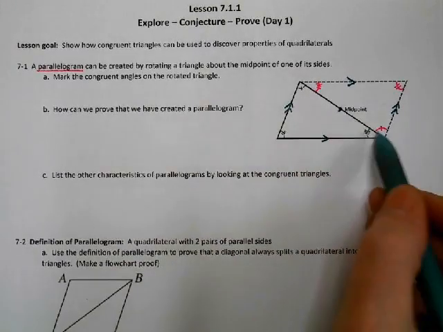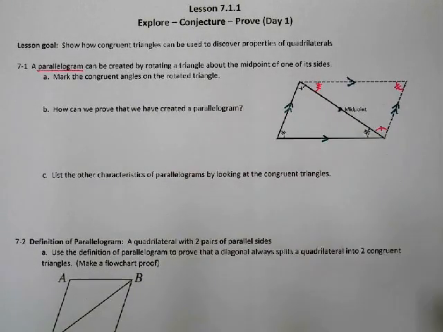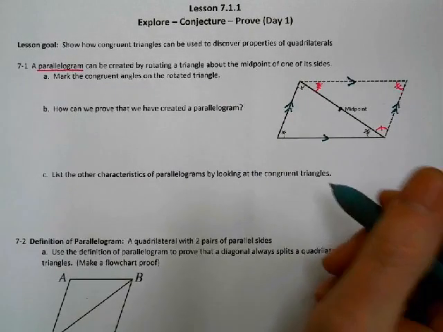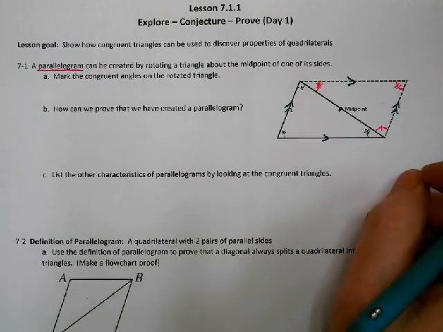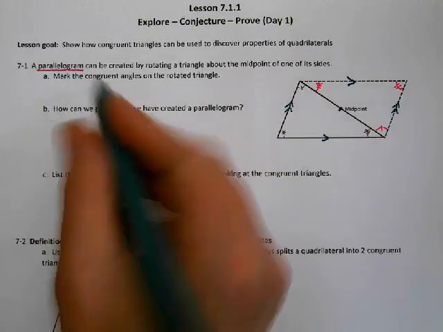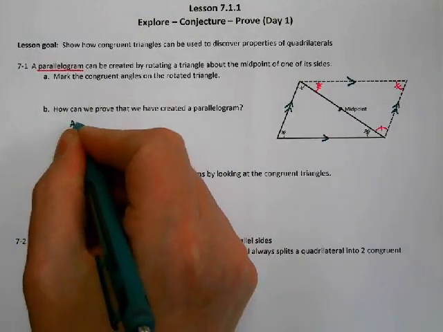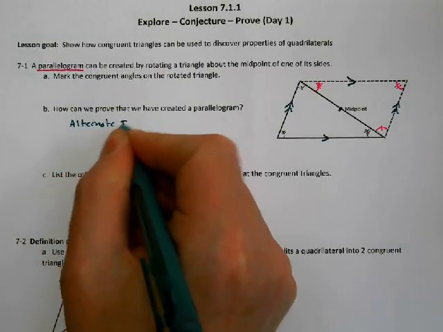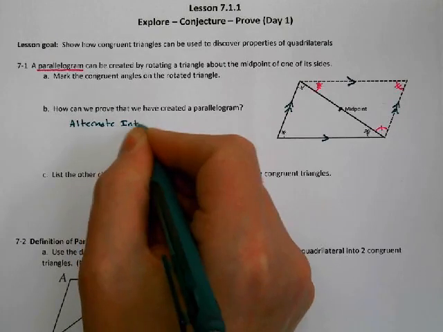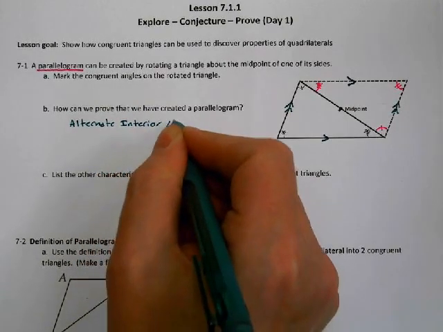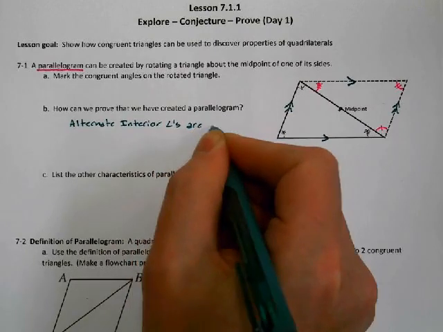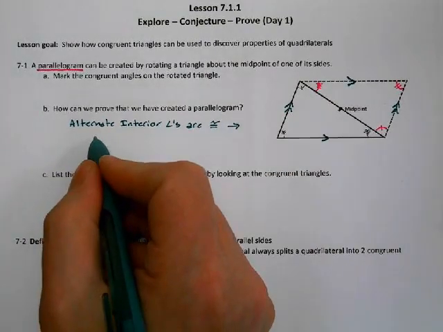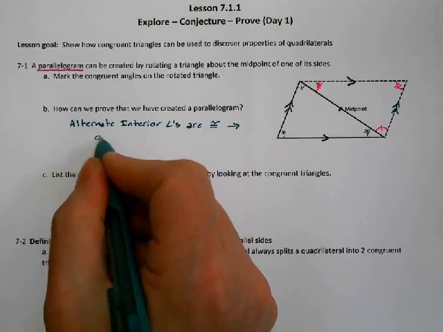Because the alternate interior angles are congruent, the sides making them have to be parallel. It's called the converse of alternate interior angles. So alternate interior angles are congruent, which proves that the opposite sides are parallel.